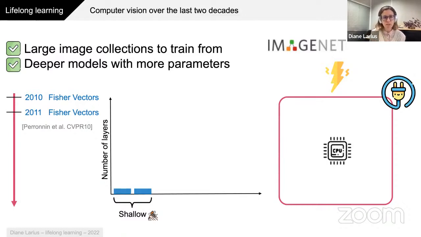So there was no learning in the descriptor part. The learning was only something you did on top of those descriptors. So that's why we call them shallow methods, because they don't really have multiple layers. They just have a classifier at the end. And these shallow methods were still the winning methods for the challenge two years in a row. And this type of approach is very efficient and it runs on a simple CPU.